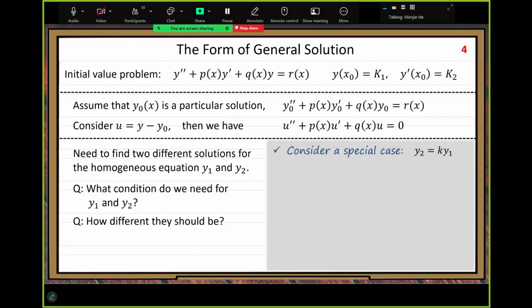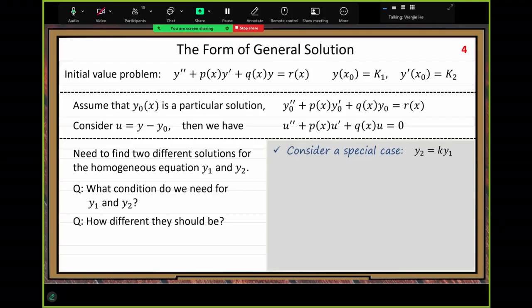If you use two objects so close, one just the scale of the other, then after you do a linear combination, the new solution is still a scaled version of y1. So you won't get a completely new solution.